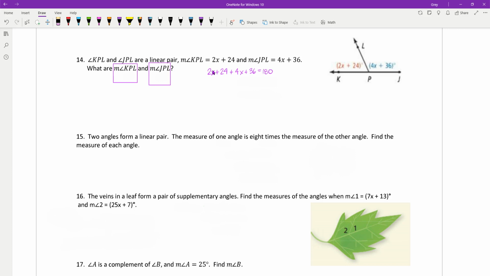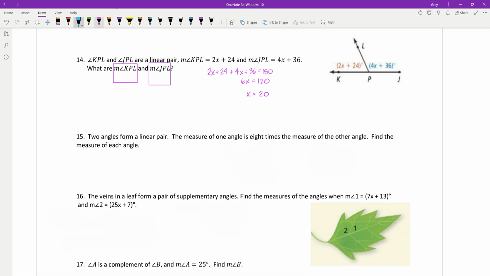When I add my x's, I get 6x. 24 plus 36 is 60. If I take that to the other side by subtraction, 180 minus 60 is 120. So that's where I get 6x equals 120. Divide by 6, and I get x equals 20.